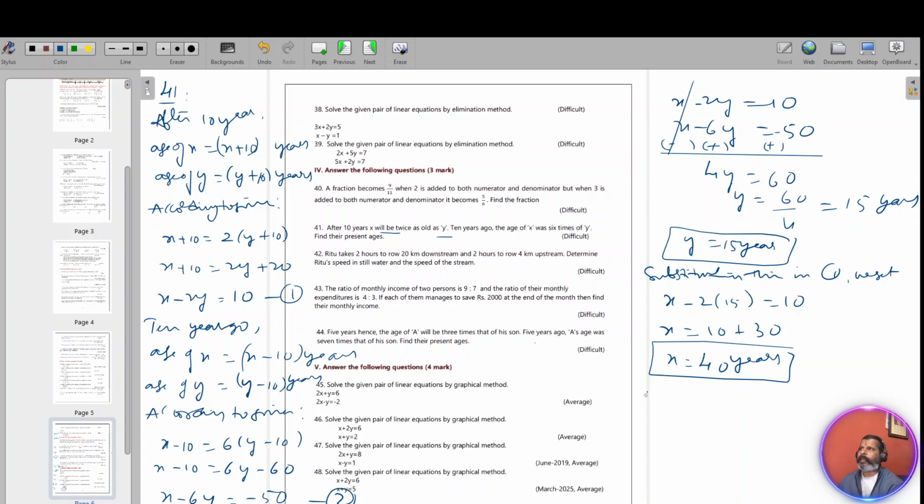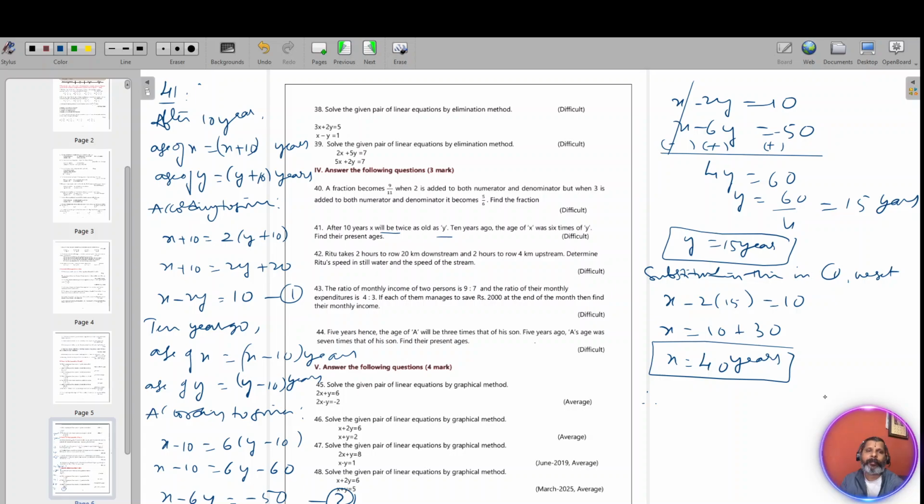So the present ages, right? Therefore, here you could have written, let the present age of x be x, because that's understood. There are no persons, x itself is given. So the present ages of x is equal to 40 years, y equal to 15 years.